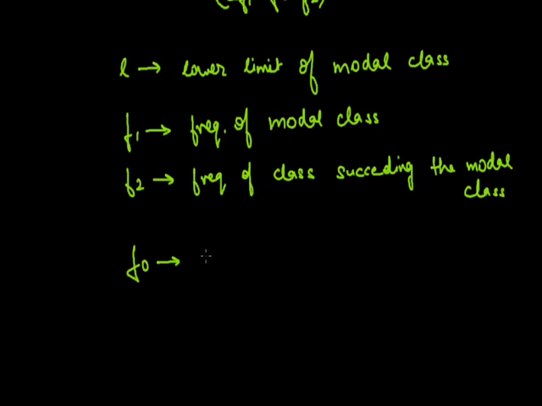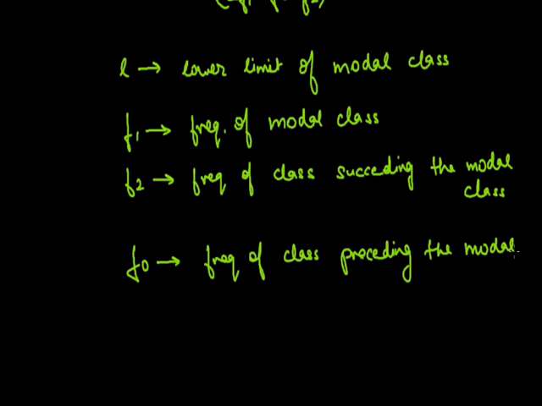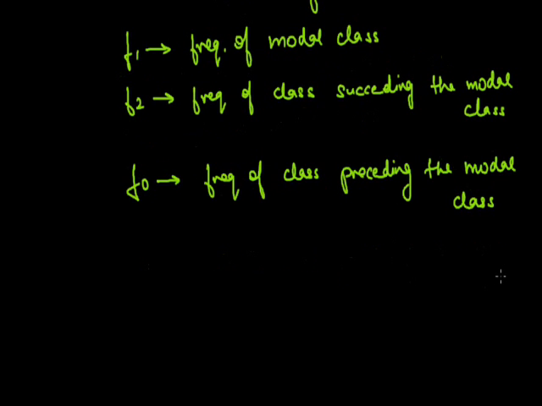F0 is the frequency of the class preceding the modal class, and H is equal to the class size of the modal class.